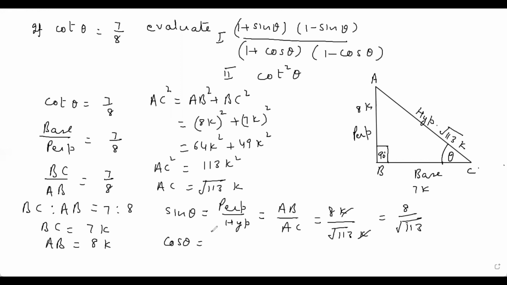Cos theta is base by hypotenuse. Base is BC by AC. That will come out to 7K upon root 113K. K cancel. Now we have sine theta is equal to 8 upon root 113 and cos theta is equal to 7 upon root 113.